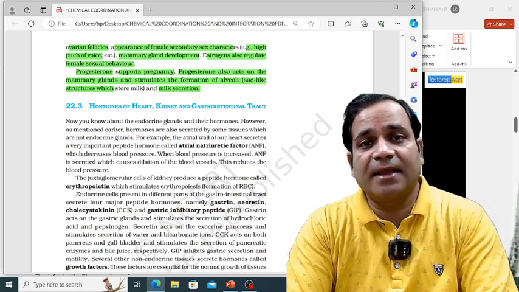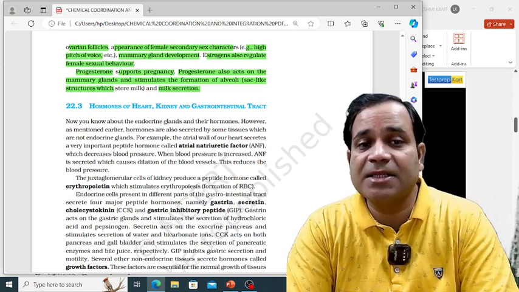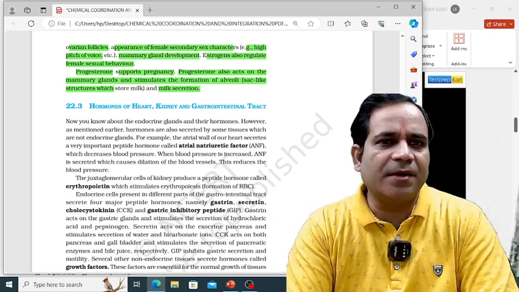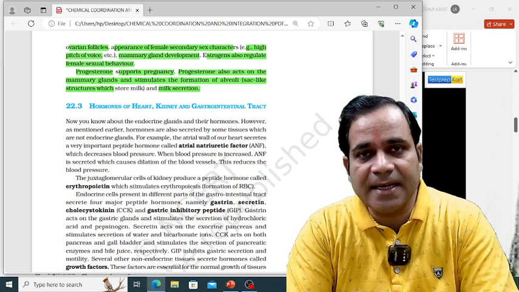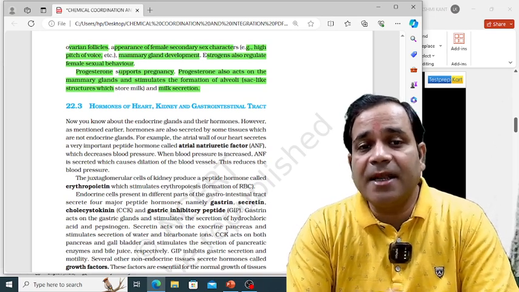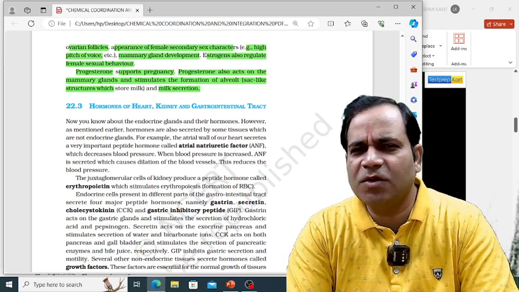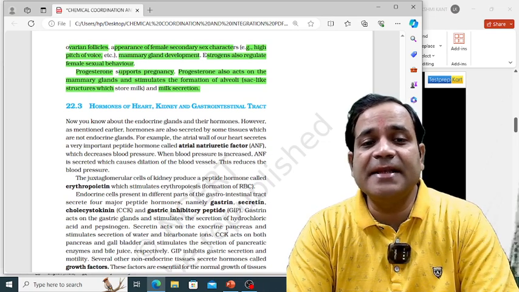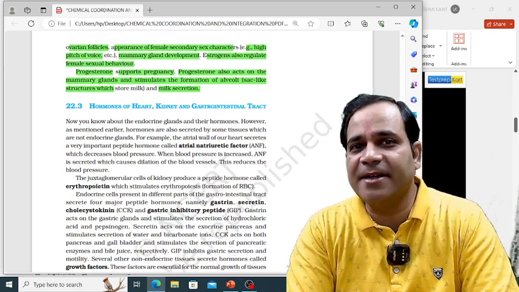And then another thing is very necessary to understand: other hormones are also secreted from the heart, kidney, and gastrointestinal tract. You know the meaning of gastrointestinal tract? It means the tract where digestion occurs.